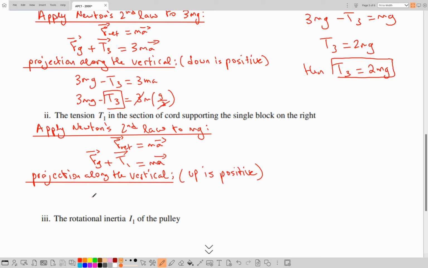So the pull of gravity would be negative, plus T1 equals ma, but we know that a is now given by g over 3. And we're interested in determining T1.